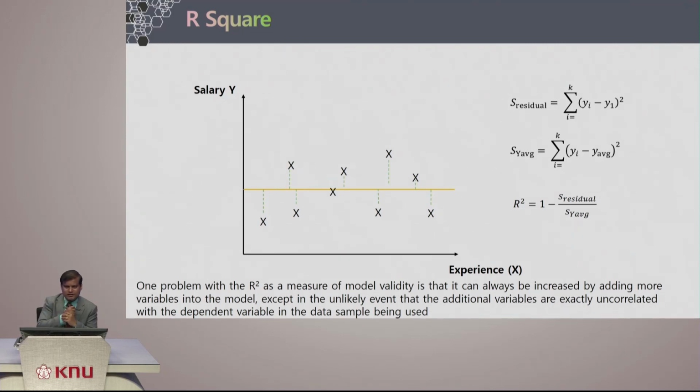The yellow line is the mean of y, and now we are trying to find the difference between this yellow line and the other data points, and you are going to take the summation over all the data points. So that's what has been stated here.